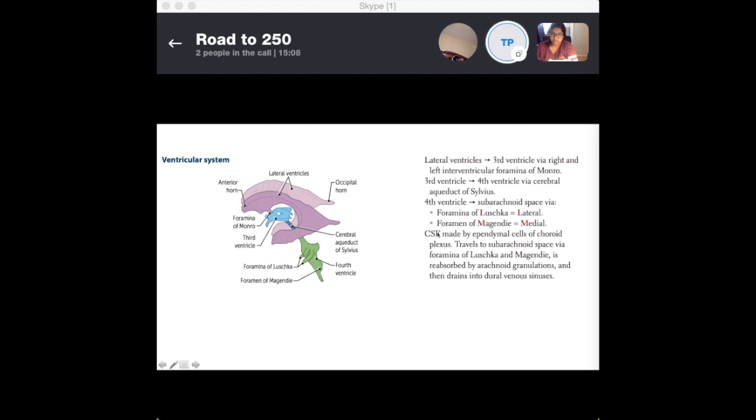In addition, the choroid plexus is a derivative of ependymal cells, so that is important. And then CSF essentially travels to the subarachnoid space via the foramen of Luschka and Magendie, and drains into the dural venous sinuses.